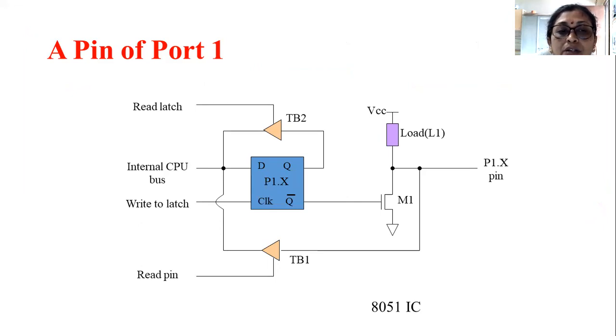This figure on the screen shows the structure of the port pin. In this structure, what you can observe, the port pin consists of a D flip-flop, 2 buffers, TB2, TB1, and a MOSFET, that is metal oxide semiconductor field effect transistor, and a resistive load to pull up this MOSFET.